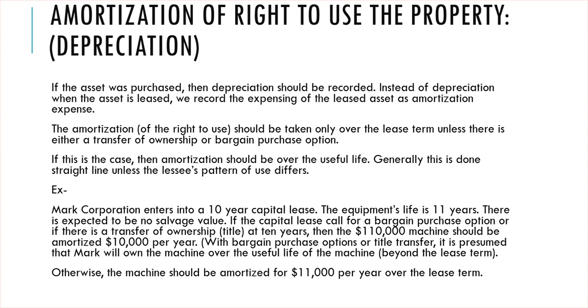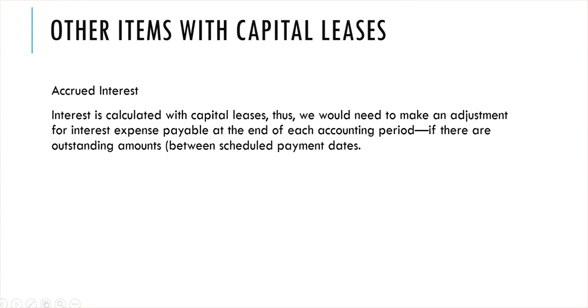You should use up the total value in the 10-year period of time. So therefore, that's the bottom line. You should amortize $11,000 a year. So this is just another little twist in leases, particularly those that are finance and not operating.